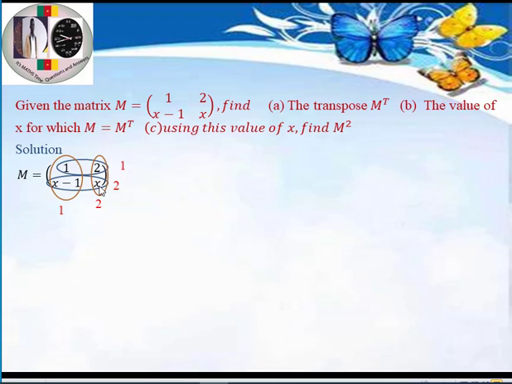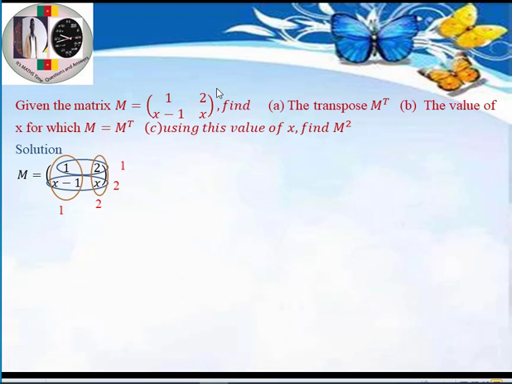For us to look for the transpose of this 2 by 2 matrix, we simply interchange the rows and the columns, meaning the rows of the matrix M become the columns in the transpose, and the columns become the rows. So instead of having 1 2 as the first row, we interchange it to become the first column.